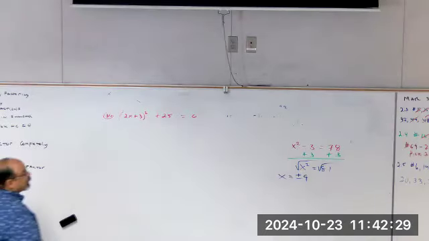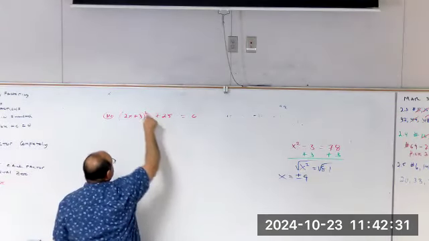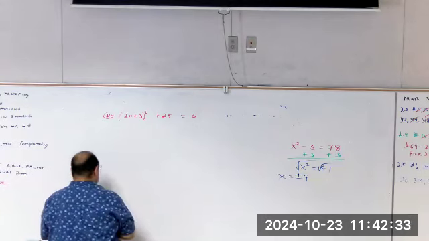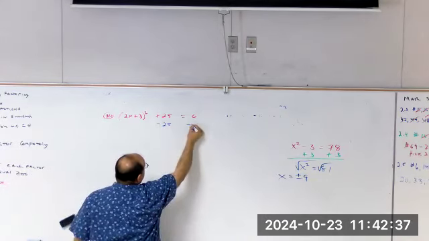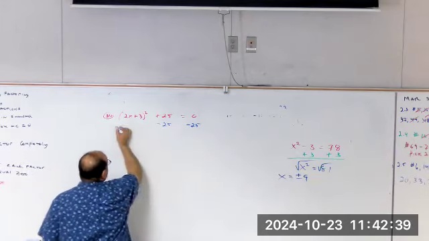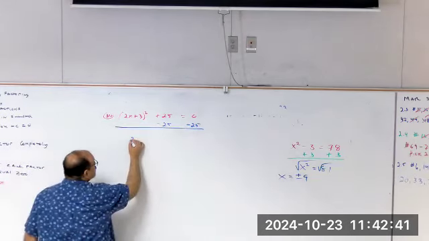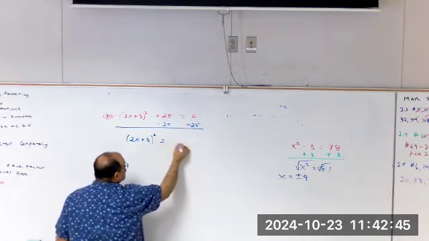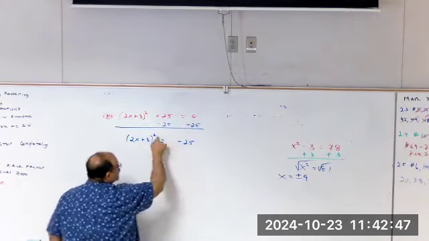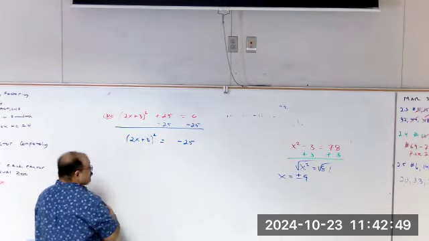It's a perfect square and a number. Isolate the number. Subtract 25. So you have your perfect square equal to a number. So undo the perfect square, square root method.